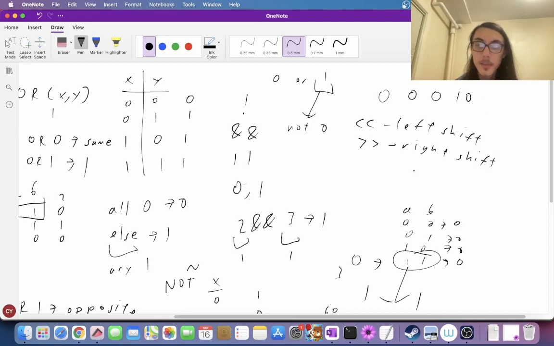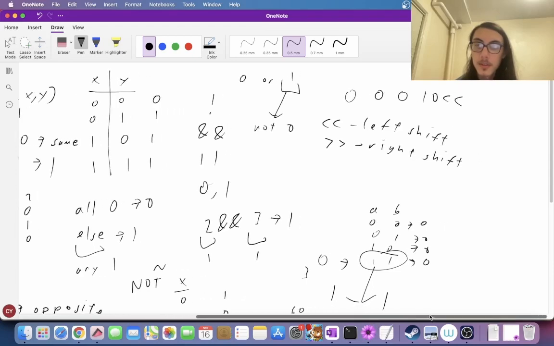If I had this number, and then I left shift it by 2, then I'm going to shift the entire number 2 positions to the left. So I'm going to shift this 1 over here, it will go 2 positions to the left. And therefore this new number will become 01000.